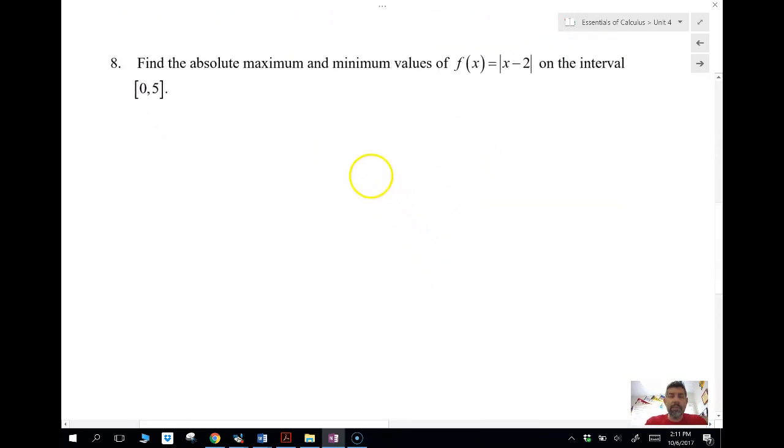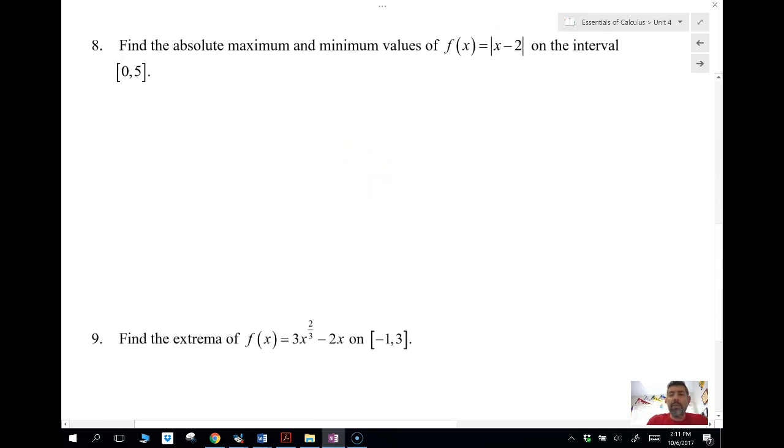Okay, let's find this one now. Find the absolute max and minimum values of f of x equals absolute value of x - 2 on the interval 0 to 5. We know that the absolute value is a function that is not differentiable at the sharp turn, right?